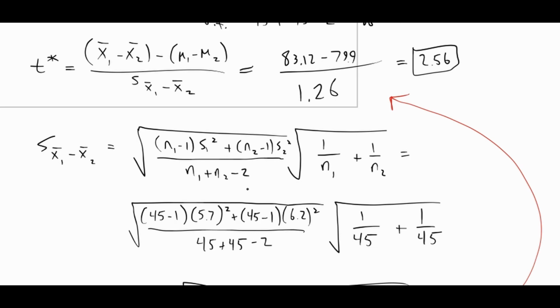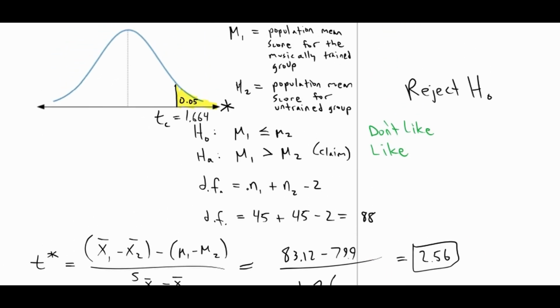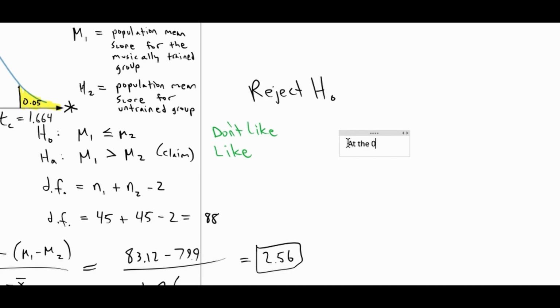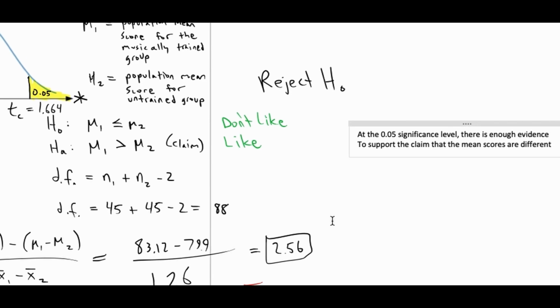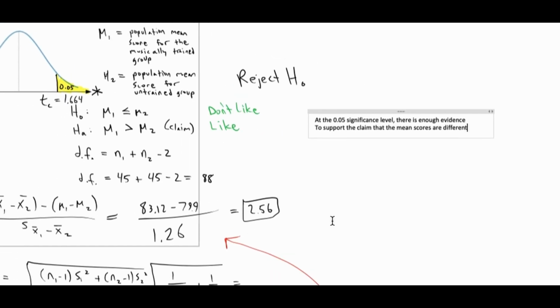According to what I found, it's true. At the 0.05 significance level, there is enough evidence to support the claim that the mean scores are different for musically trained and untrained students.